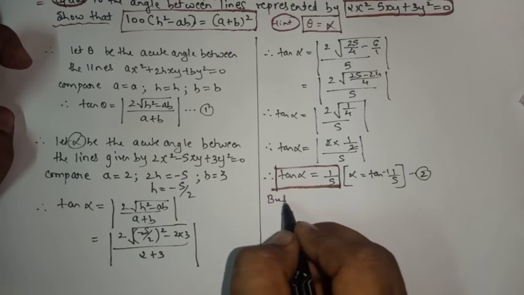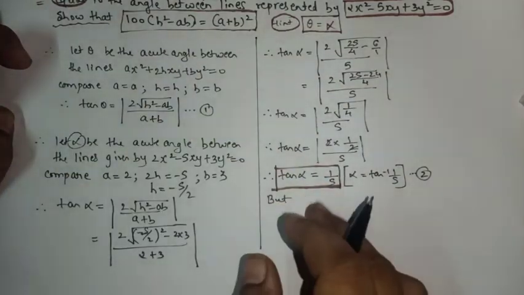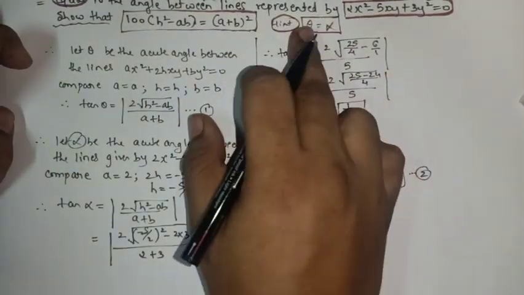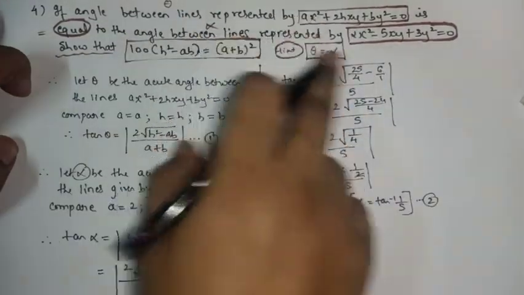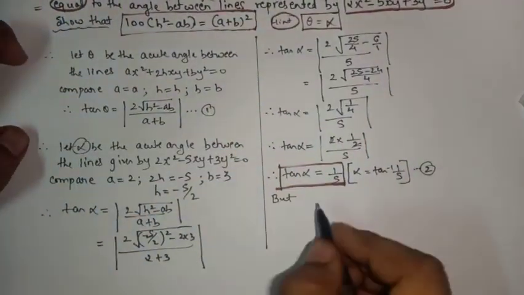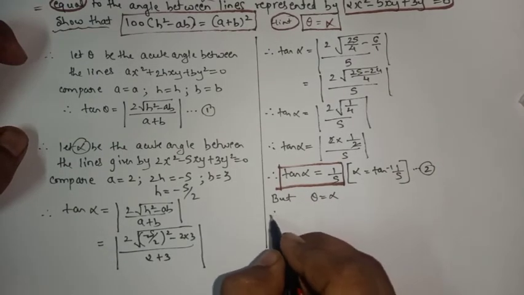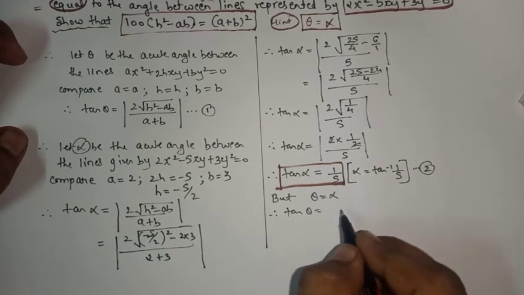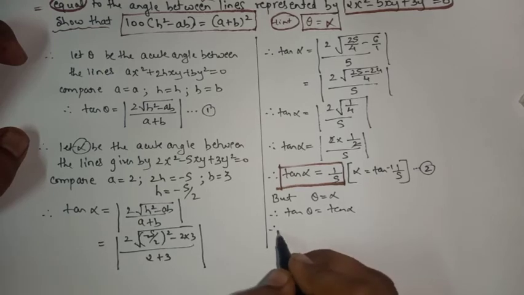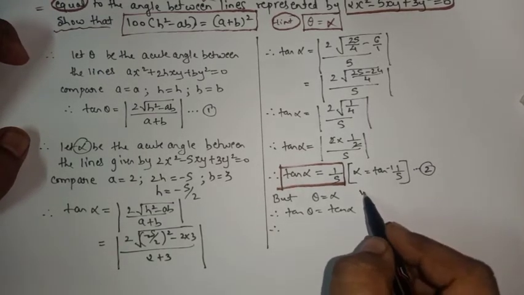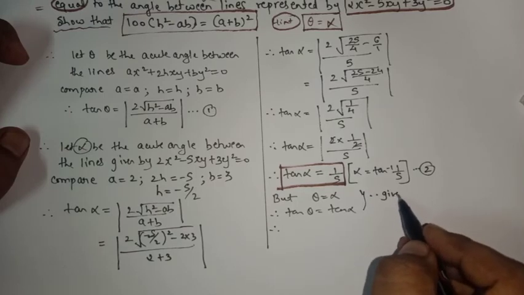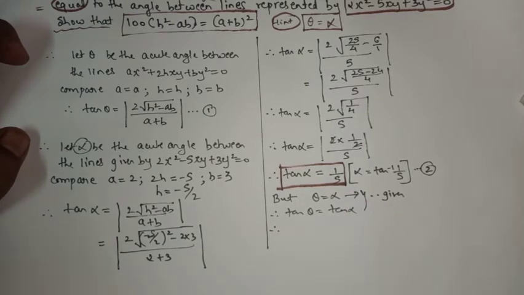But we know that according to the condition, the angles between them are equal. The angle of this and this, they are equal. So theta is equal to alpha. Taking tan on both sides, tan theta is equal to tan alpha.